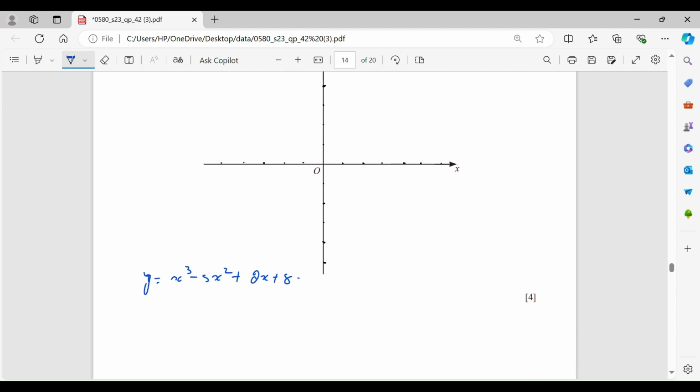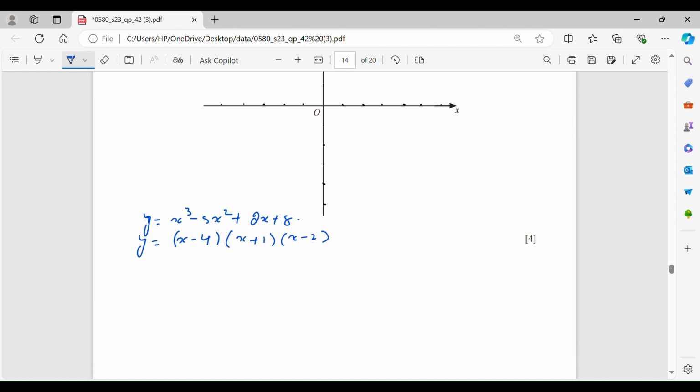So this can be written as y will be equal to x minus 4, x plus 1 and x minus 2, right? Let's find first the y-intercept.